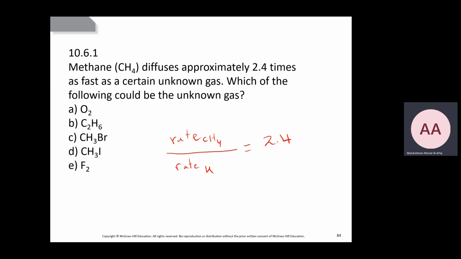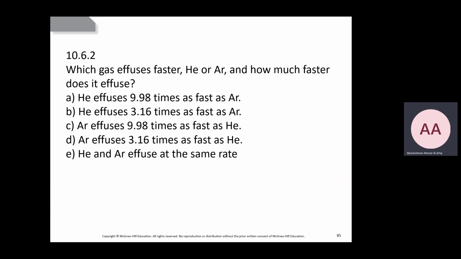And of course, this is equal to the square root of the molar mass of unknown divided by the molar mass of CH4, which is approximately 16. So calculate the mass of the unknown. And from the mass, you can tell which gas is the answer. Okay, which gas effuses faster, helium or argon? And how much faster? Also solve this problem and answer it.